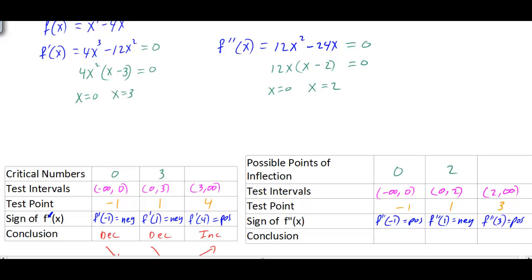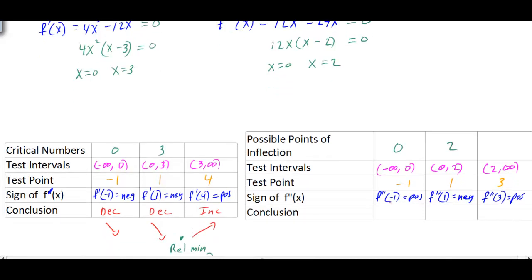So from this we can conclude with the second derivative, our function is positive from negative infinity to 0, so our graph is going to be concave up. From 0 to 2 it's negative, so our graph is concave down. And then from 2 to infinity it's positive, so it is concave up.